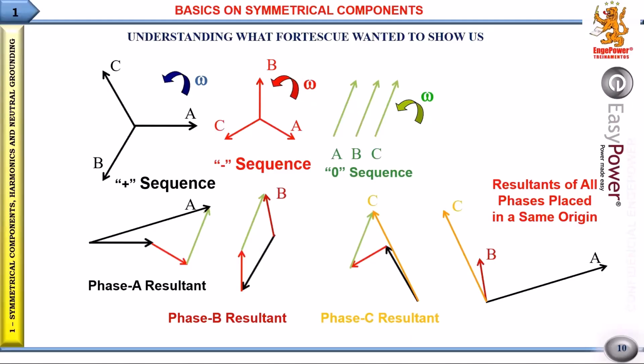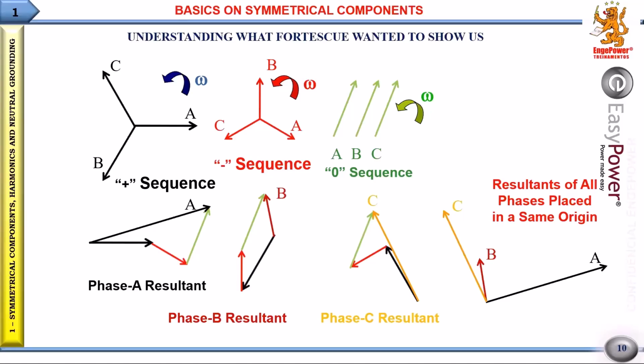Because the phasors don't have the same magnitude, neither the same phase shift angle. Concluding that what Fortescue did for us is taking this completely unbalanced system and transforming it into three balanced systems.